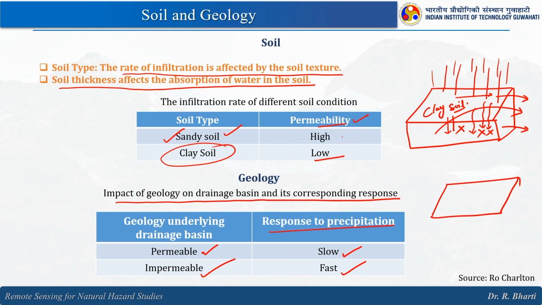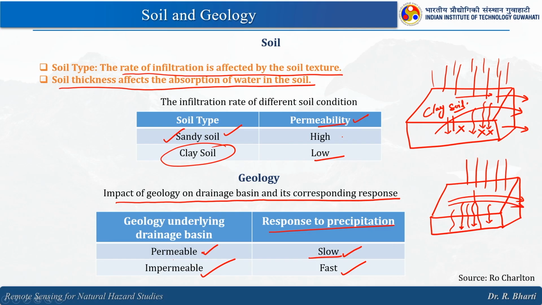If we have a column of soil, and permeability is high, and you have heavy precipitation here, it will have a slow response to the precipitation. That means water will be accommodated into this, so you will have a less or slow response.